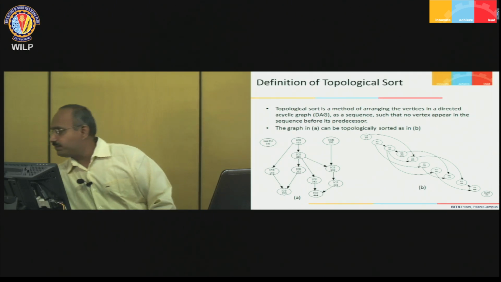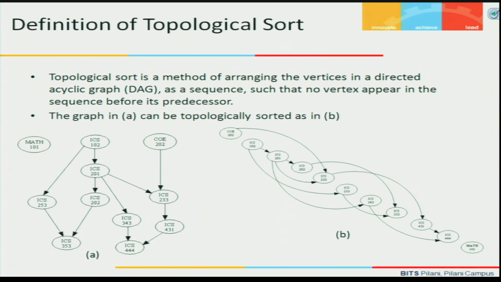If I look at the previous case, it can be rearranged linearly like this. Now, if you look at the course here, ICS 353, which is at this particular position in linear order, we see that for doing this we need to do courses 202, 201 and 102.